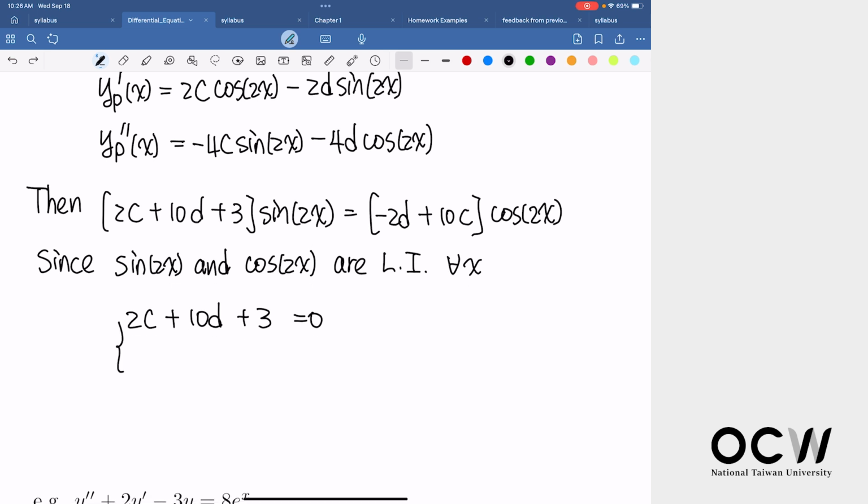And then minus 2d plus 10c should be 0. You get c equals minus 3 over 52 and d equals minus 15 over 52.